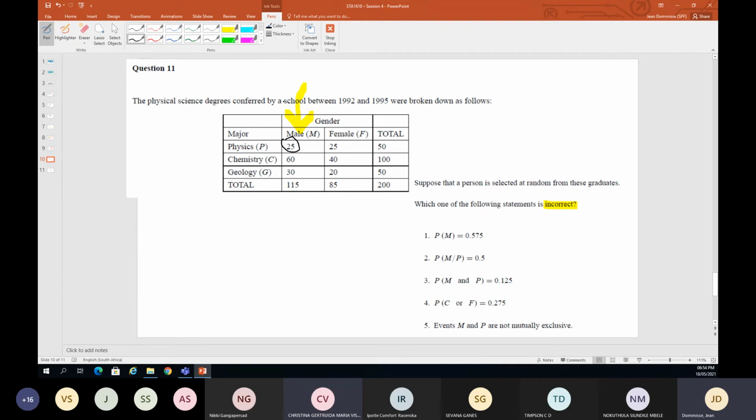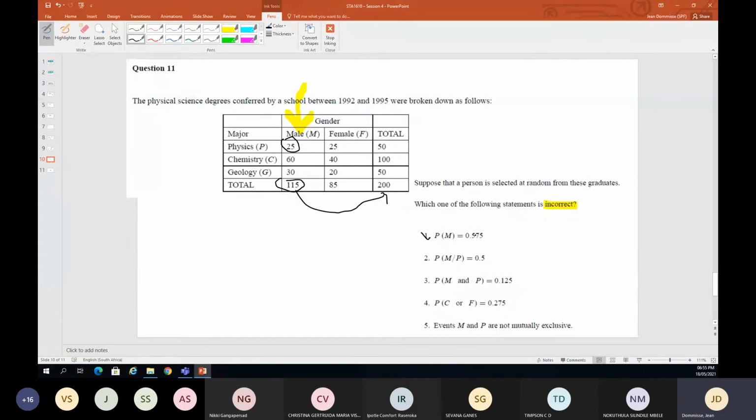Sorry, yes, the whole column. And that's why I like this interaction, because it's very easy to make that mistake, because of how quickly you look at something, but it's the whole column. So it's 115 divided by the 200, which I think is correct. Yes, so that first one is correct.